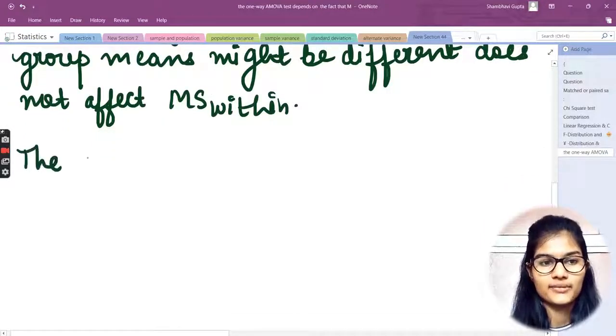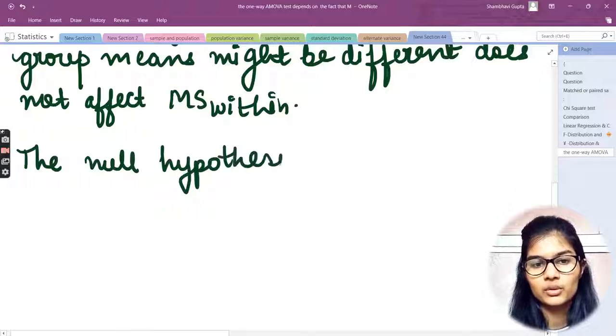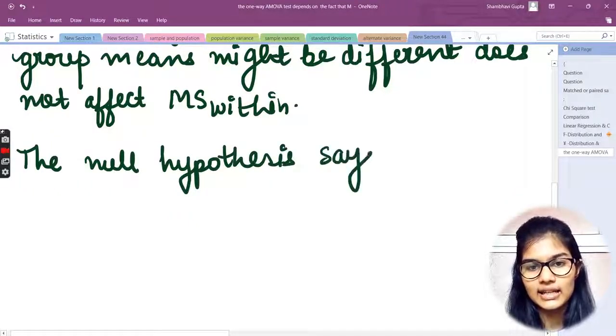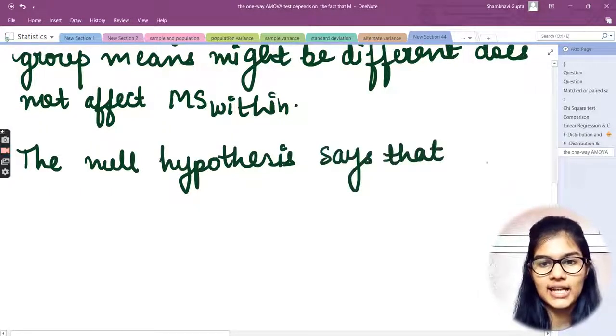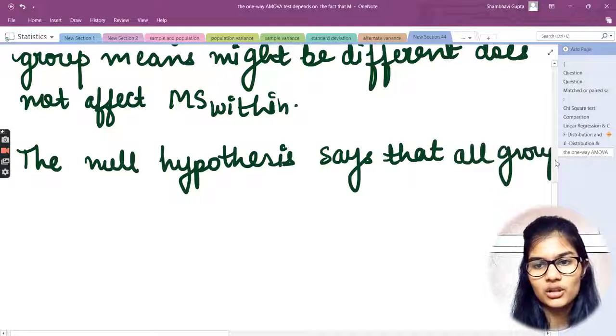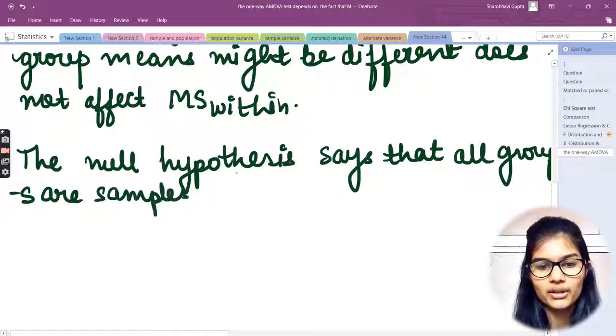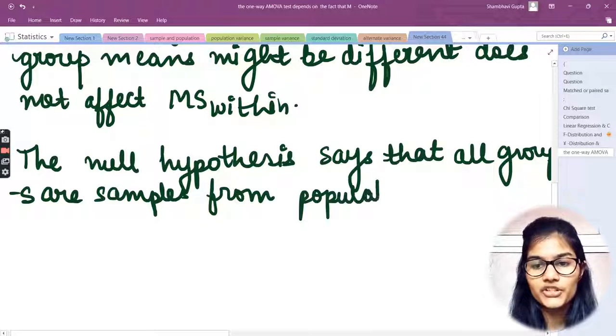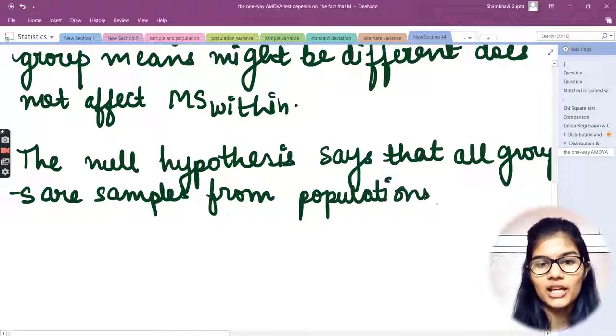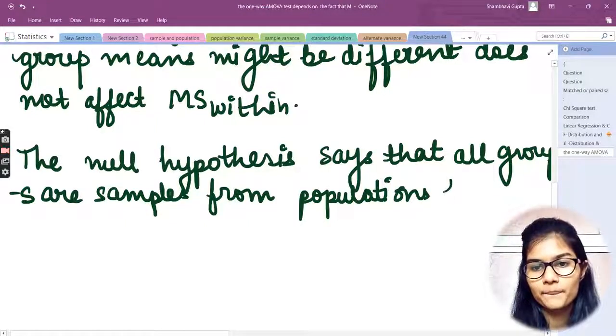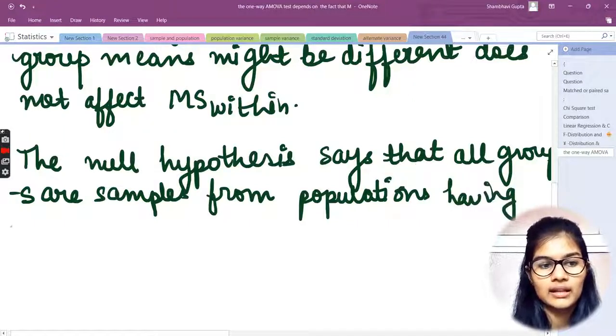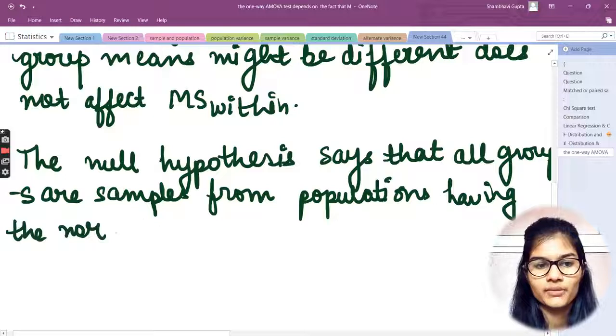Next we have the null hypothesis. What does the null hypothesis say? The null hypothesis says that all groups are samples from populations having the normal distribution.